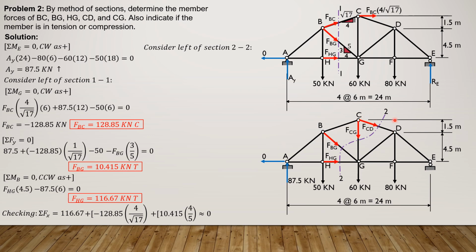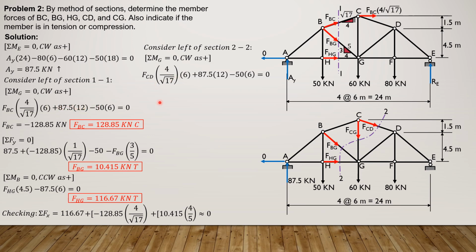Only the horizontal component of CD has moment about G. So summation moment about G equals 0, clockwise as positive. So we have FCD times 4 over square root of 17 times 6, then plus 87.5 times 12, then minus 50 times 6 equals 0, which is exactly the same as this equation here.